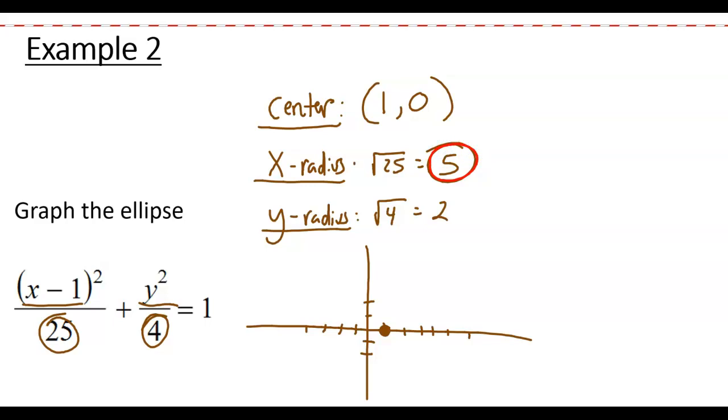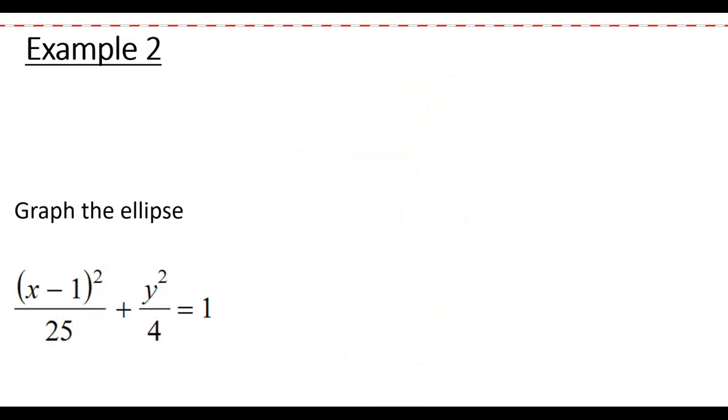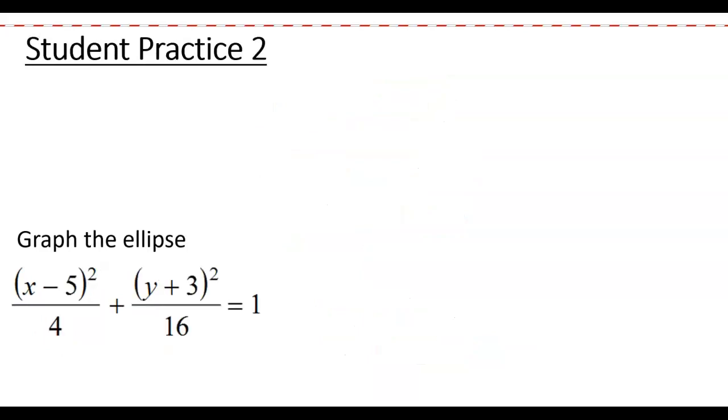So starting from my center, I'm going to go 5 to the right, 5 to the left. Now I'm going to do my y radius. I'm going to go up 2 and down 2. So it's a lot like doing a circle. It's just that we have 2 different radiuses that we're going to look at. And we go ahead and connect the dots like so. And there's my little ellipse. Okay? So pretty similar to graphing a circle.